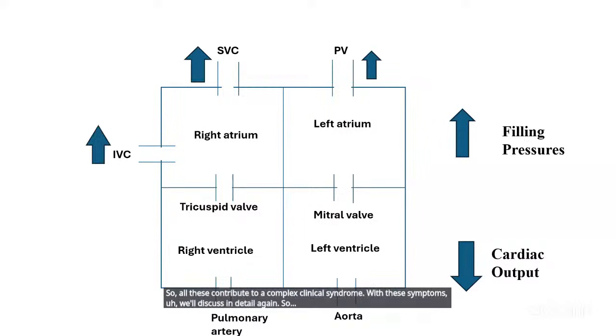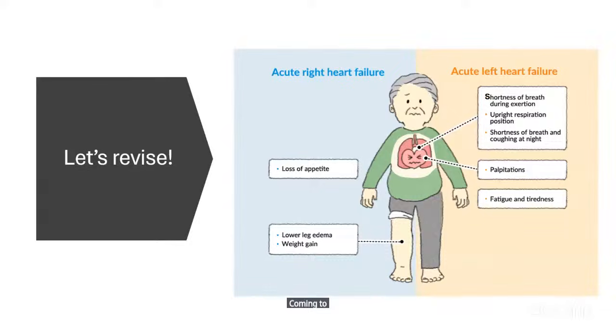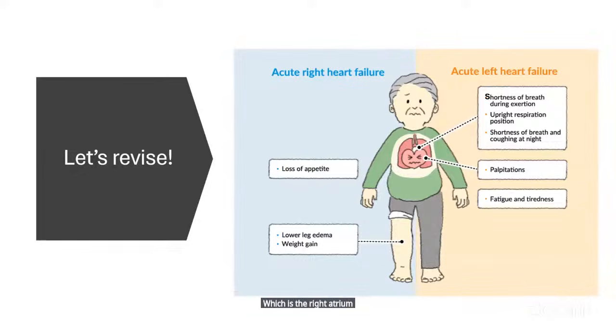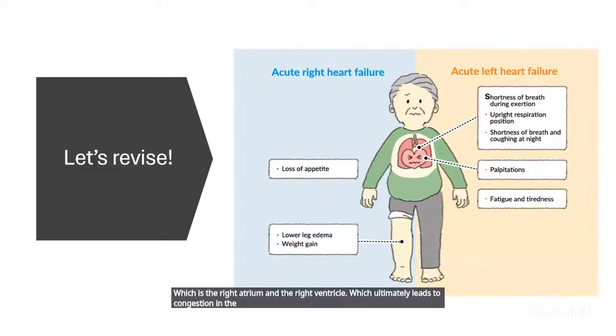So coming to the symptoms of heart failure, it can be divided grossly into right heart failure or left heart failure. In right heart failure, there is elevated filling pressure in the right side of the heart, which is the right atrium and the right ventricle, which ultimately leads to congestion in the SVC and the IVC, the superior vena cava and the inferior vena cava.